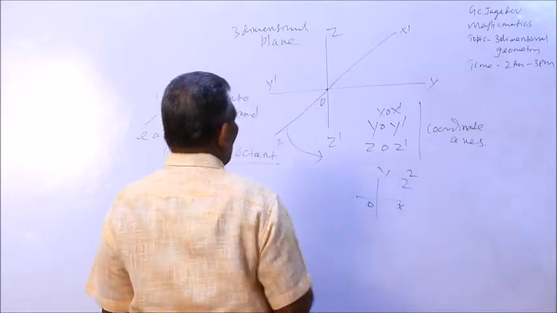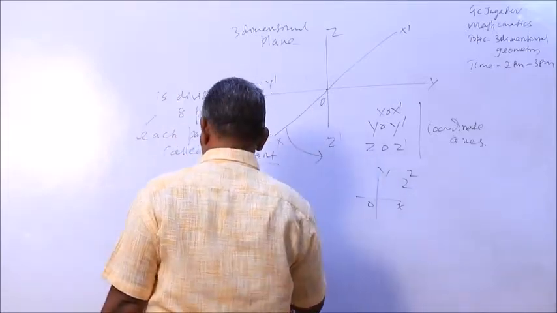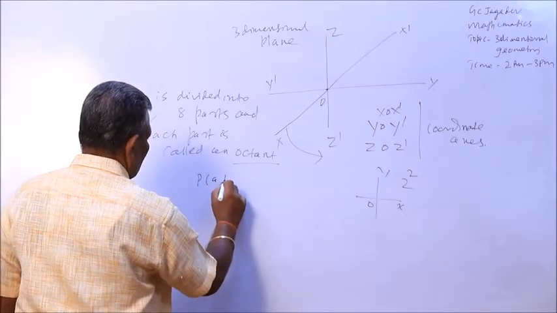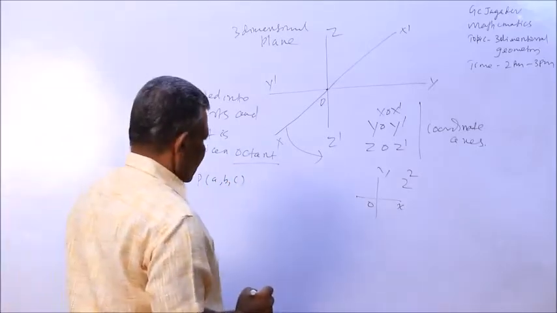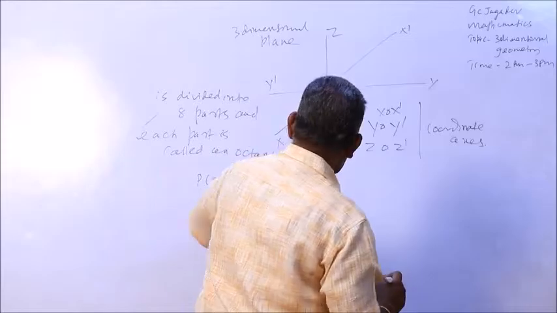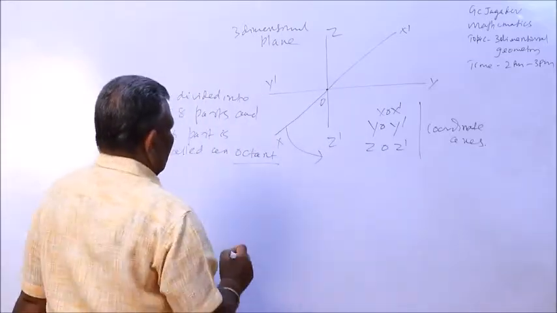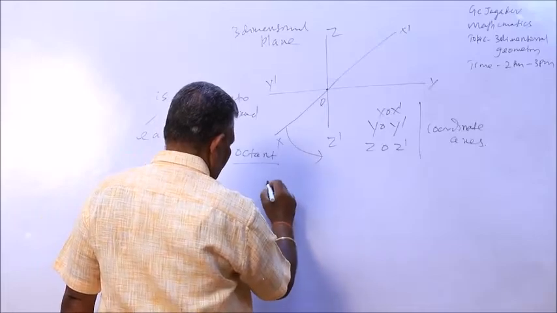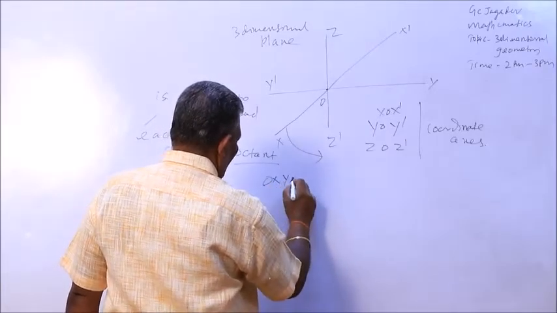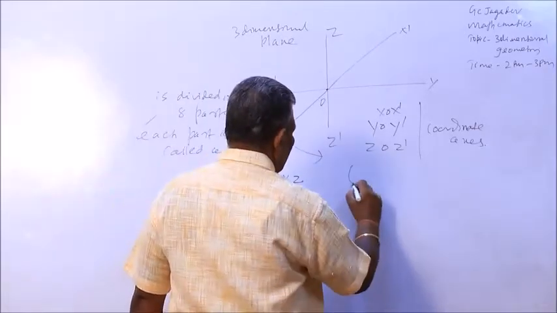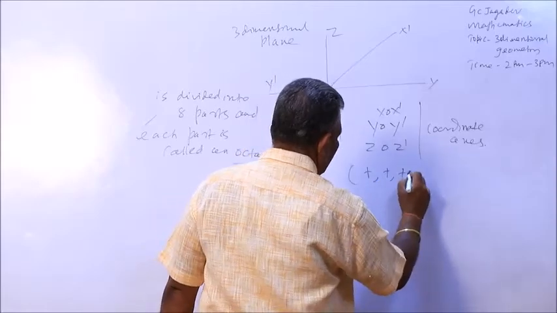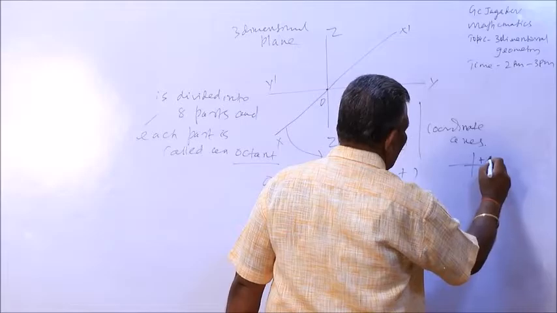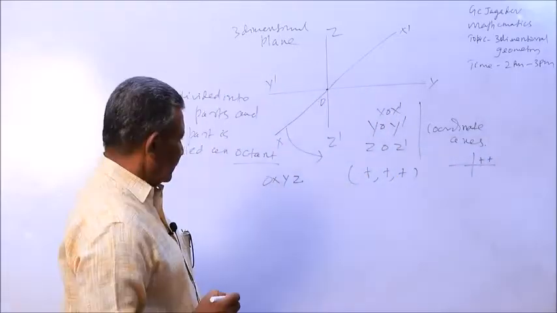Suppose we take a point P having coordinates a, b, c. The signs of the coordinates in these octants are: in OXYZ all are positive, as in two dimensions, in the first quadrant the signs are positive.